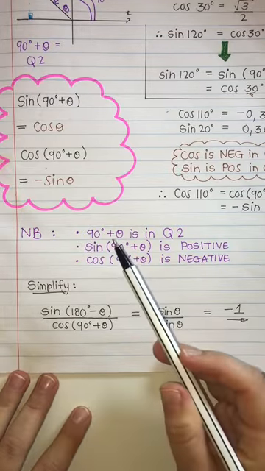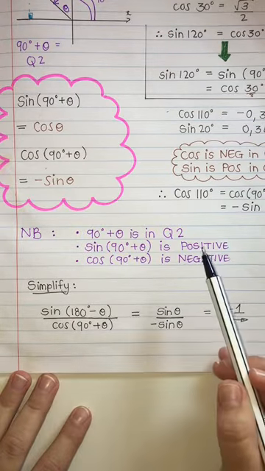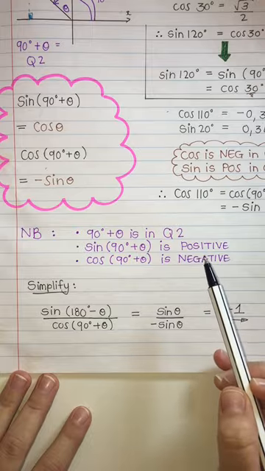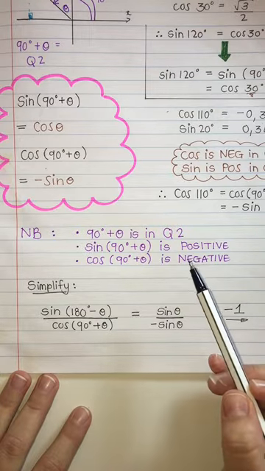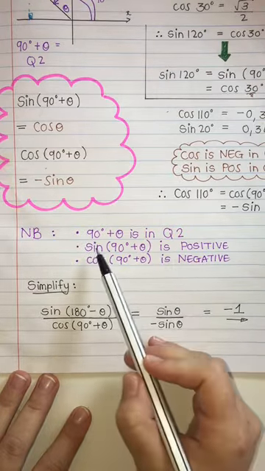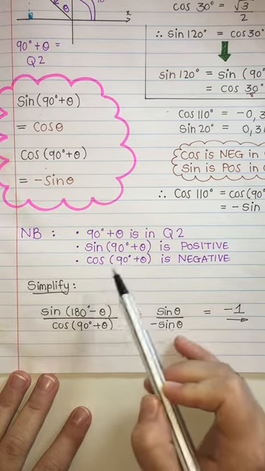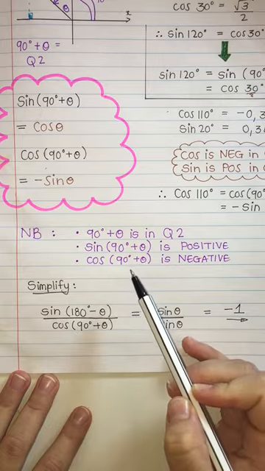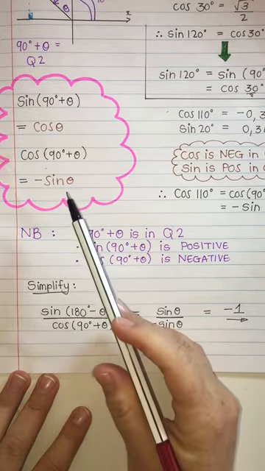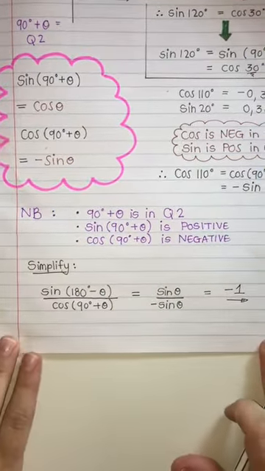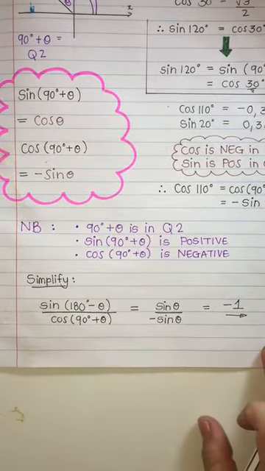In this one, you just have to keep in mind your signs, whether it will be negative or positive. So sine of 90 degrees plus theta is the same as cos theta, and cos of 90 degrees plus theta is the same as negative sine theta. Okay, so let's apply that.